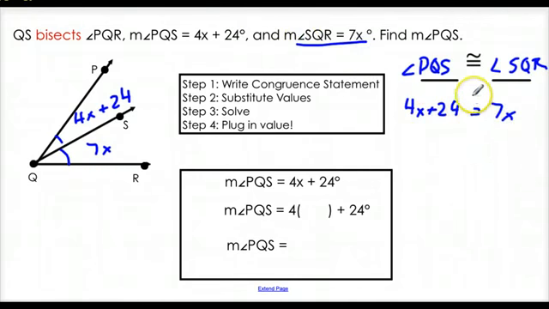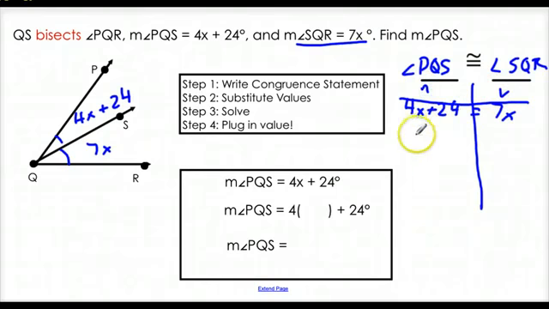Now we solve. If you know how to solve, go for it. If not, check it out. What we're going to do is put these lines. Now this side has numbers on it, and this one just has number and variable. So we're going to make this our variable side and this our number side. So to move the variable to the variable side, we have to use the opposite operation.